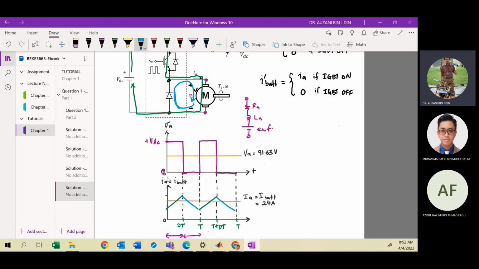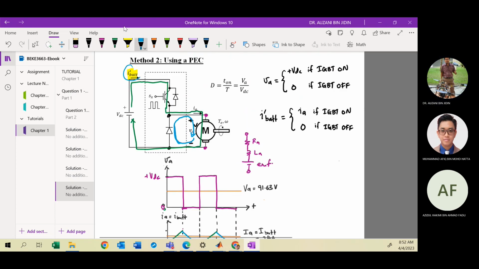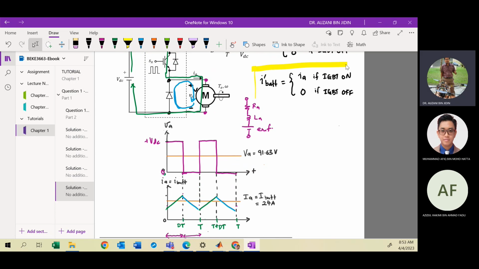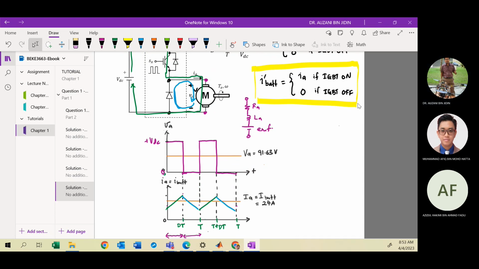So for the battery current here, maybe I use the yellow highlighter. Based on this expression, when the switch is on, IGBT is on, the current is the same as IA, so your current will be charged. But when the switch is off, IGBT is off, then the battery current can immediately reduce to 0, because at the input side there is no inductor.